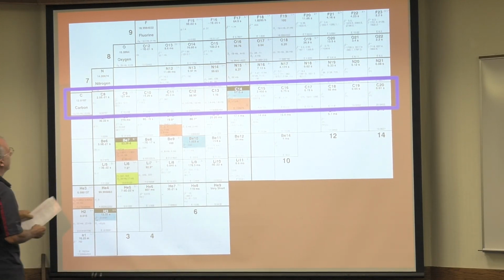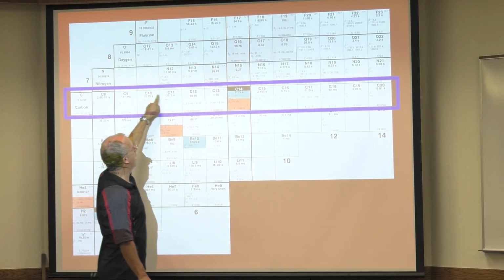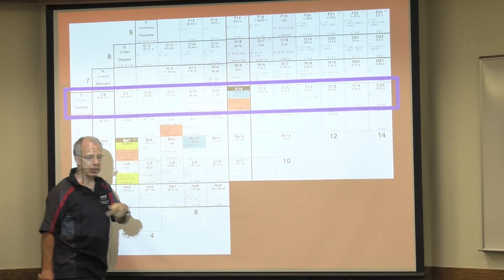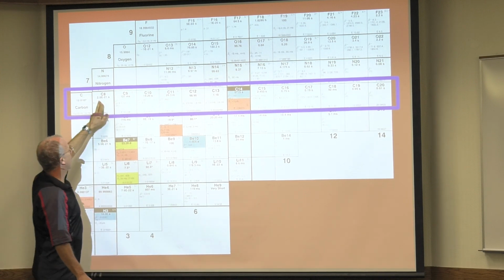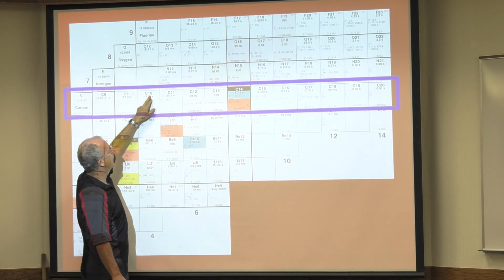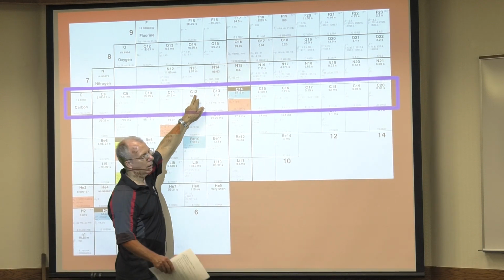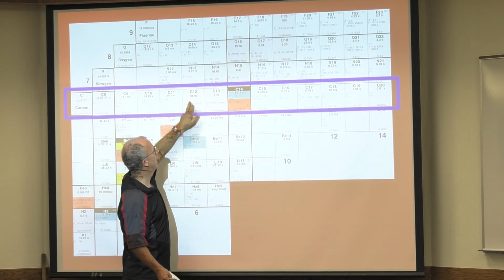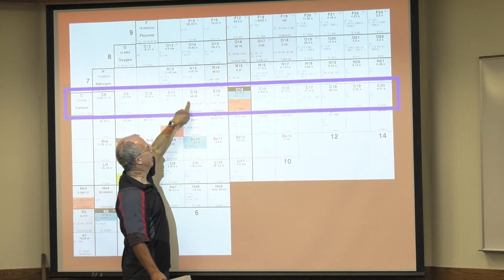These numbers here are the A, the number of protons plus neutrons. So carbon 8 has 2 neutrons, carbon 9 has 3, carbon 10 has 4, and so forth. Carbon 12 has 6 protons plus 6 neutrons. This is the most abundant carbon, carbon 12.